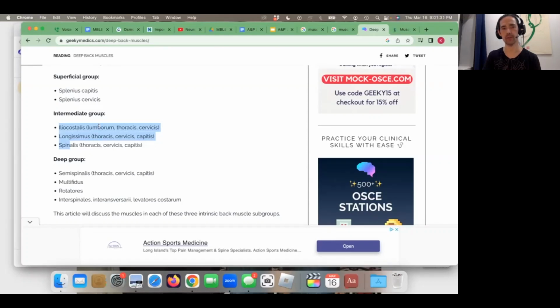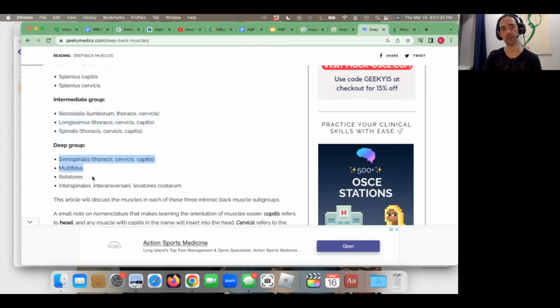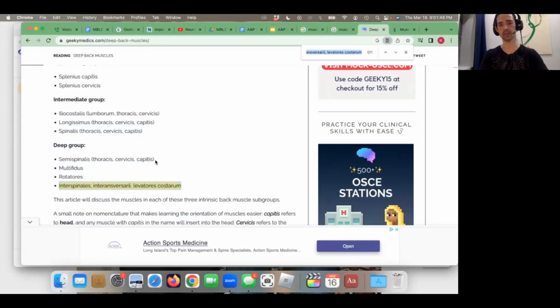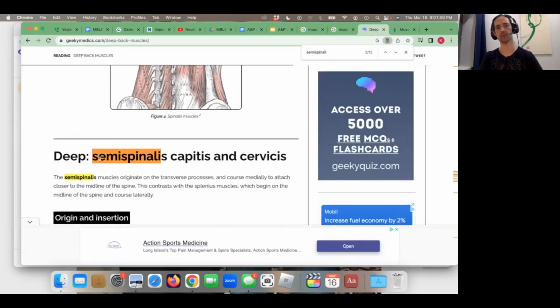Some of them have lumborum. Okay, and then the deep group we haven't looked at: semispinalis, multifidus, rotatores. I'm not familiar with these muscles and haven't seen them asked on the test. So I'm going to skip those tonight.